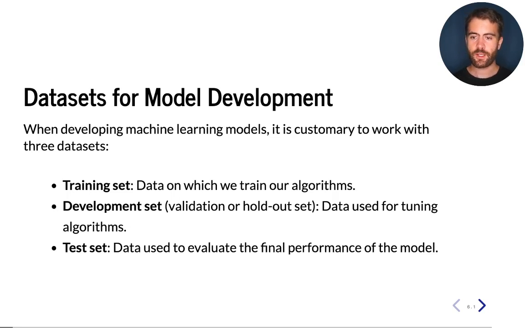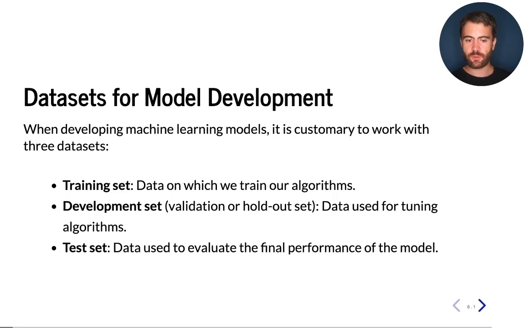In addition, it is the norm to also work with what is called a development set, also known as a validation or a holdout validation set or a holdout set. This is a separate data set that is going to be used to tune algorithms. For example, we can use it to perform hyperparameter selection, to choose the optimal strength of our regularizer.